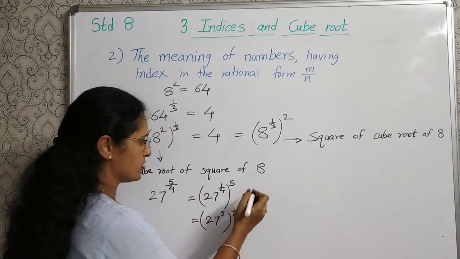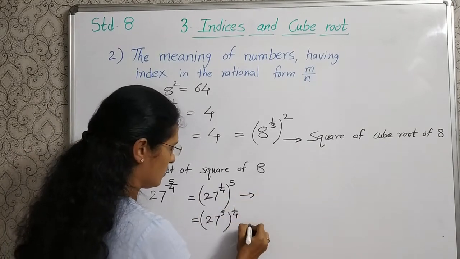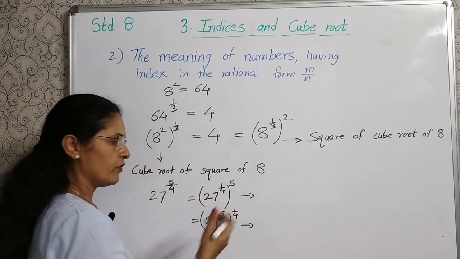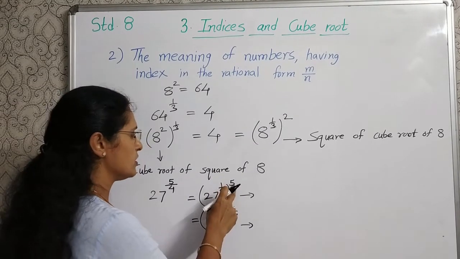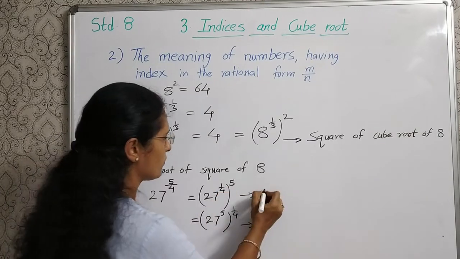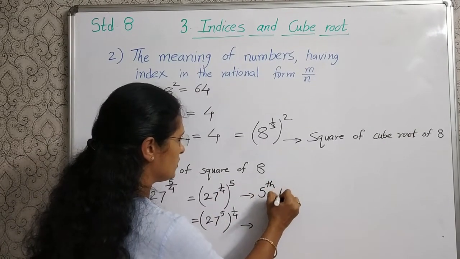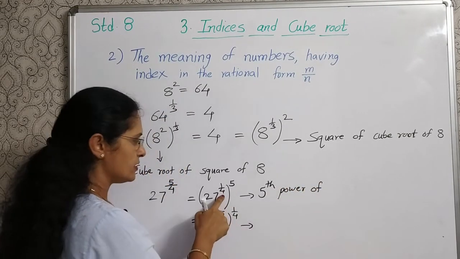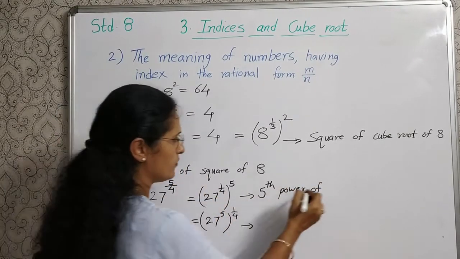Now how to read this? The first thing, it is the fifth power. So first we read the outermost index. So it is fifth power of, and inside it is fourth root of 27.